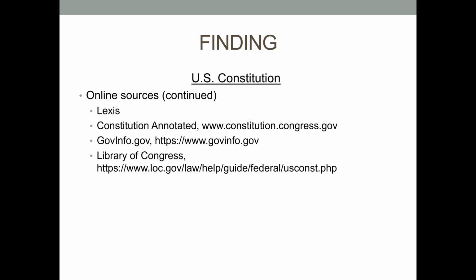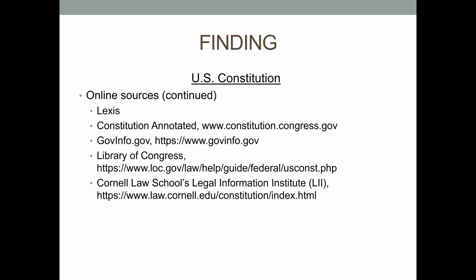You can also go to the Library of Congress's website, and I've got a link to that site where you can see the Constitution. Cornell Law School's Legal Information Institute, LII, which has a lot of codes and other statutes available for free to the public, also has the text of the United States Constitution.